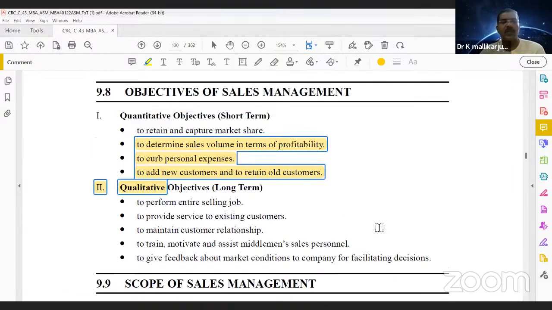So like that, sales management has two types of objectives, as we discussed so far: short term and long term.